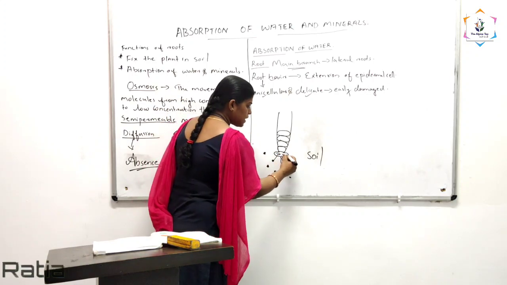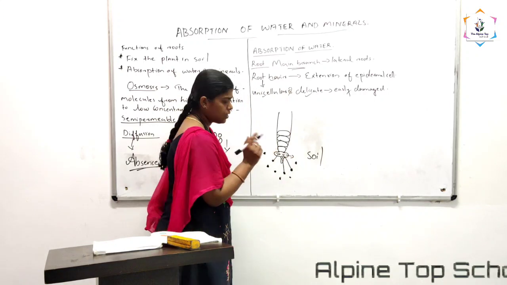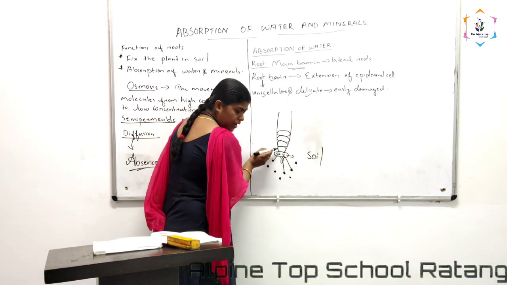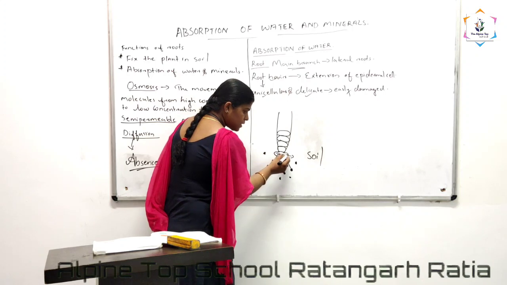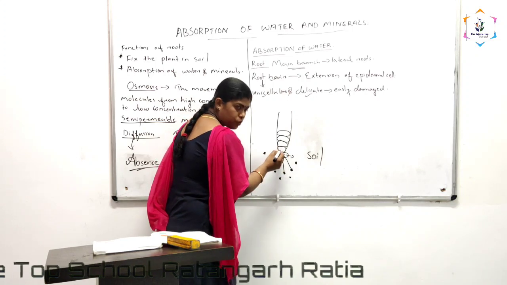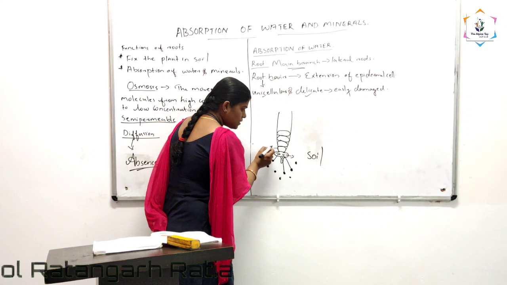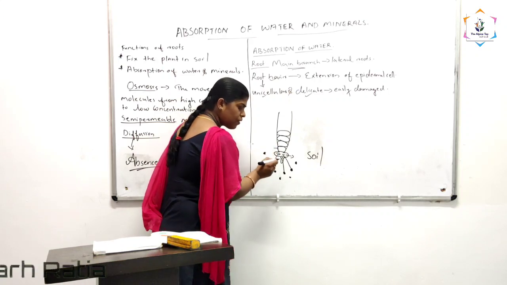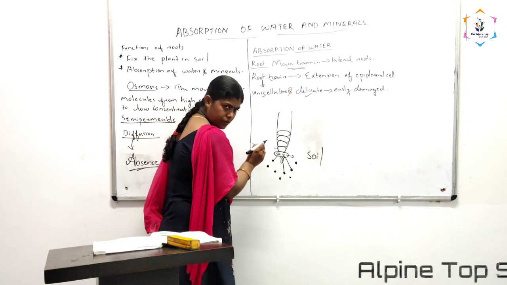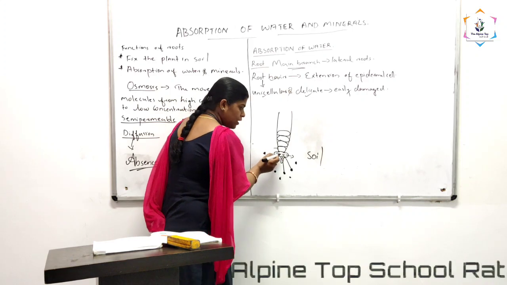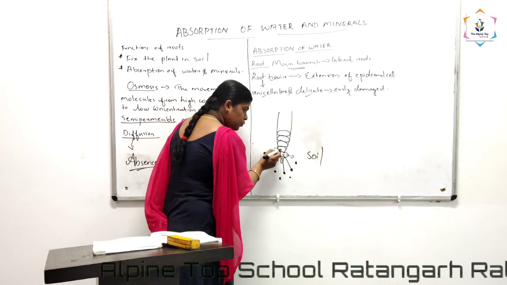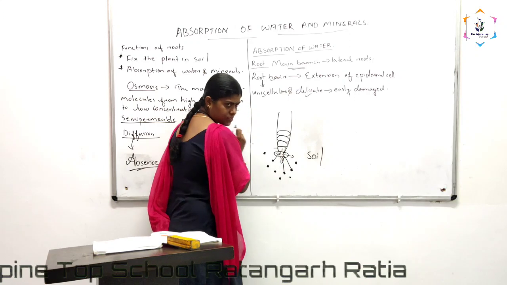Now this cell is filled with water. So what is the condition of the next cell? When compared to the epidermal cell, this cell has enough water molecules inside, but the second cell is not having this much water. So what will happen? These water molecules will start to flow into the second cell.